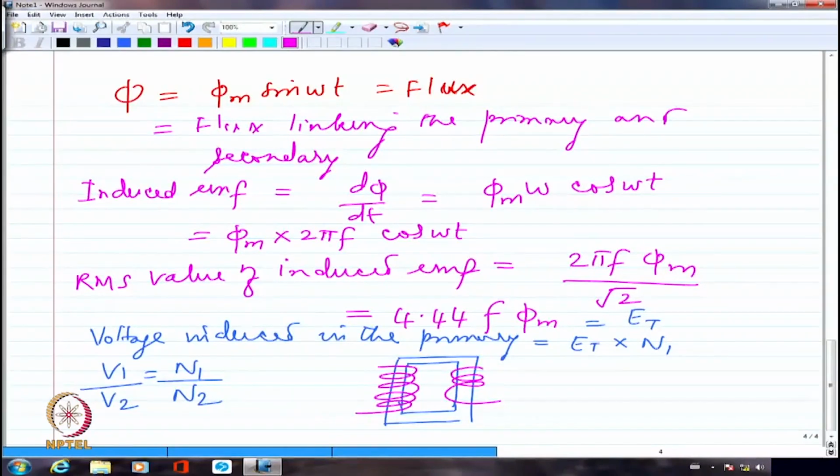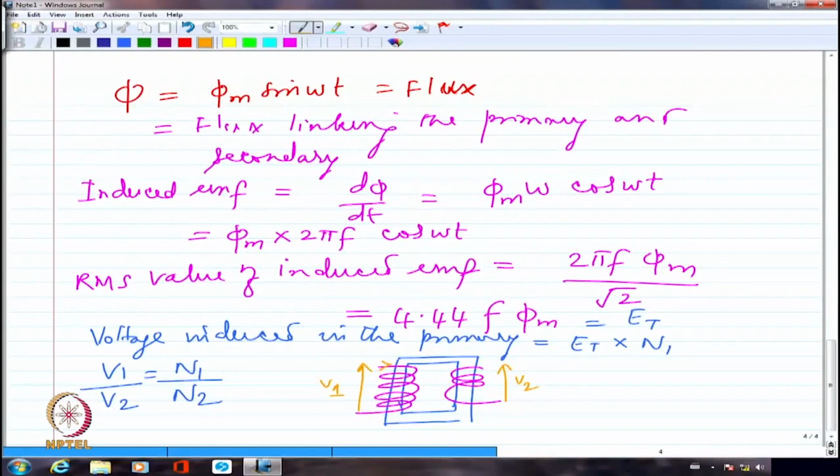And I'm applying a voltage of V1 here. I'm expecting that a voltage of V2 I should get here. Currently, the secondary side is left open. And what is drawn by the primary here is only the current that is required to establish the flux.